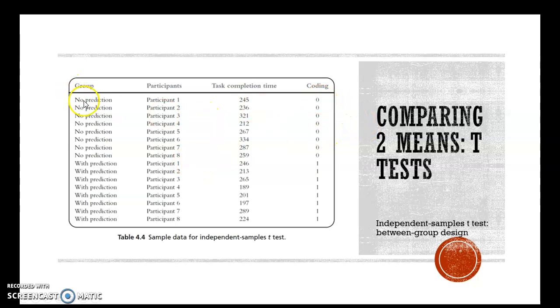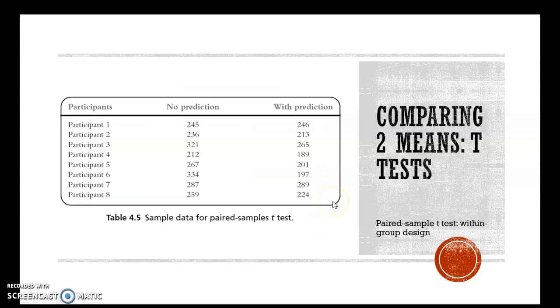For both conditions, we need to code condition 1, no production, as 0 when we plug that into the software. And with production software training, we code as 1 so we can do the calculation.